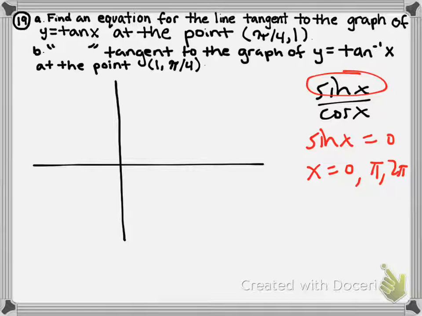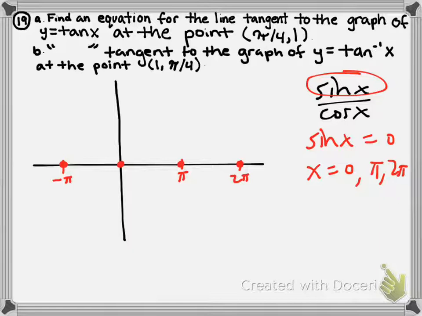And so that's where we have x-intercepts, right? So we have 0, we have pi, these are x-intercepts for the tangent, 2 pi, and so forth. It's when the sine is equal to 0. So this is a really good exercise to remind ourselves what the graph of the tangent looks like.